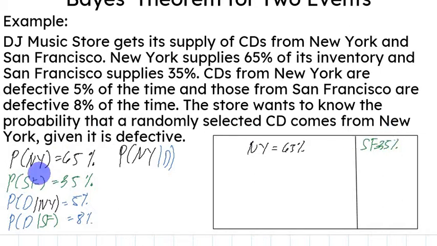Now, the probability that it's defective given it's from New York is 5%. So this area is 5% of 65%. So let's get that. The 5% of 65%, which is actually 3.25%.